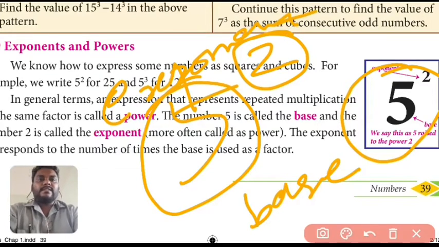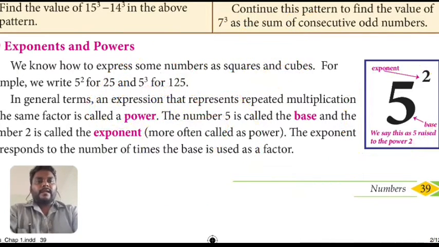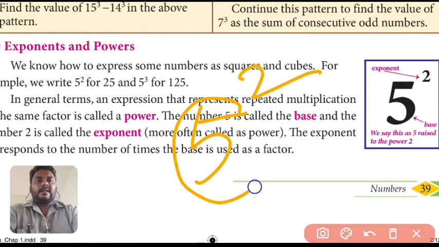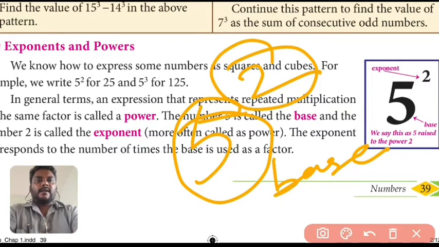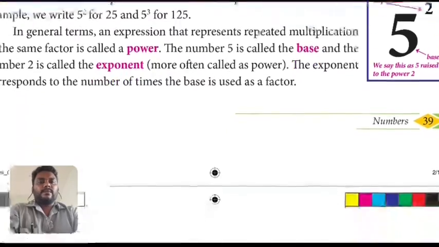We call this one 5 power 2, so the exponent is also called the power. I repeat, in 5 square, 5 is called the base and 2 is called the exponent. So this is the definition of exponents and powers.